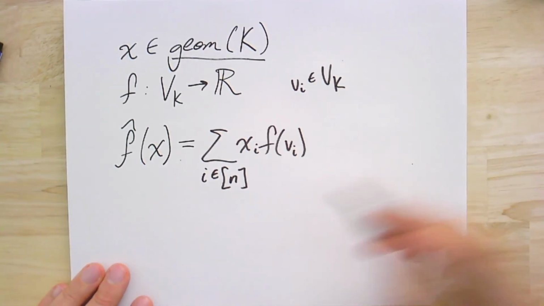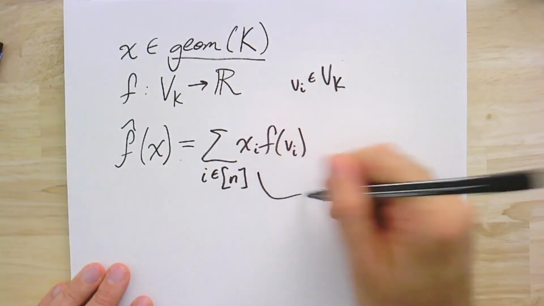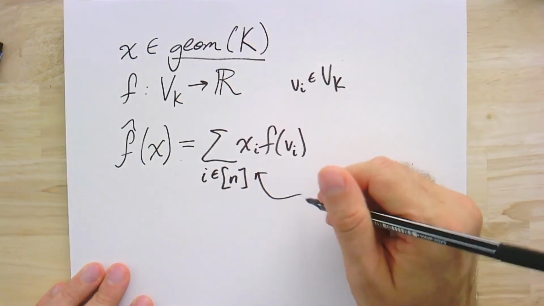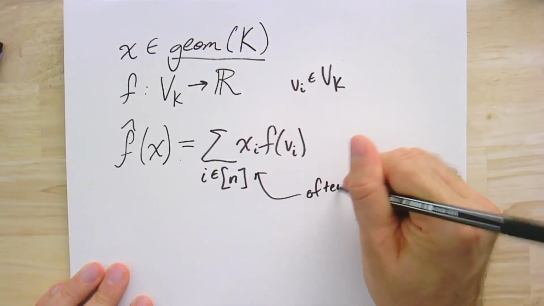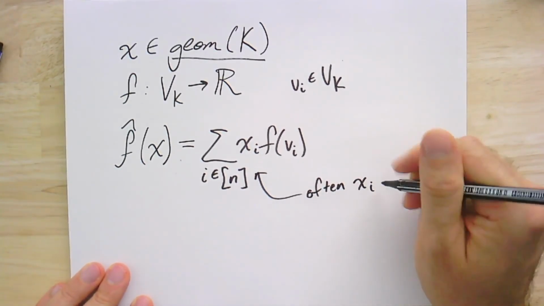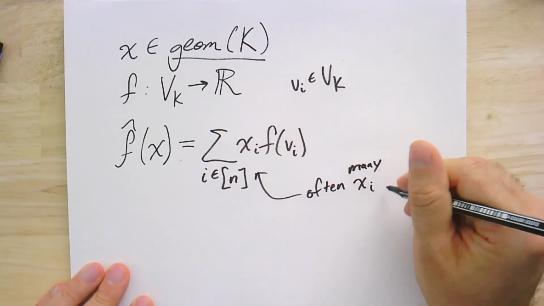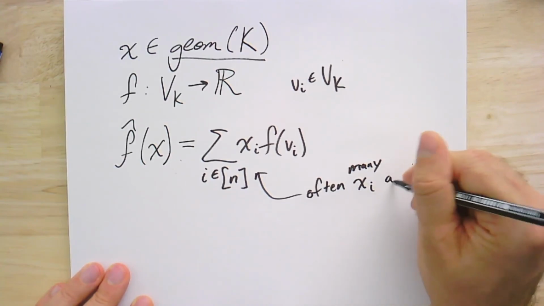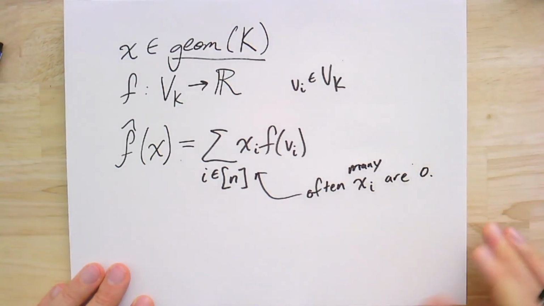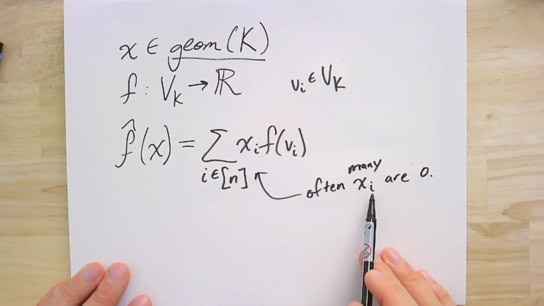And it's worth noting that often, just as when we proved our little fact before, many of these xi's are going to be 0. Especially if the simplices are not very high dimensional.